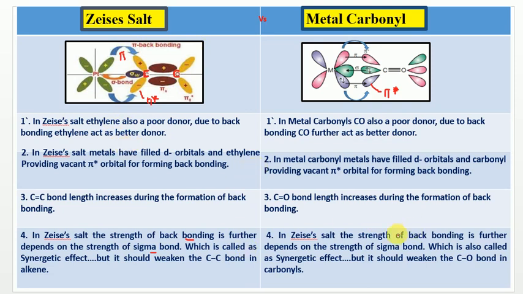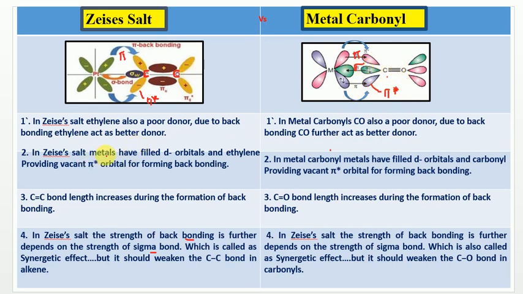In metal carbonyls similarly, CO is generally a poor donor, and it forms a poor sigma bond. Because of pi back bonding, CO further acts as a better ligand. These are comparable to each other.